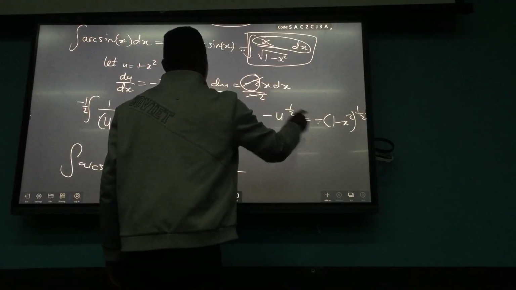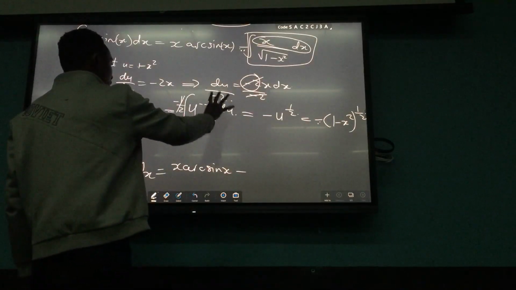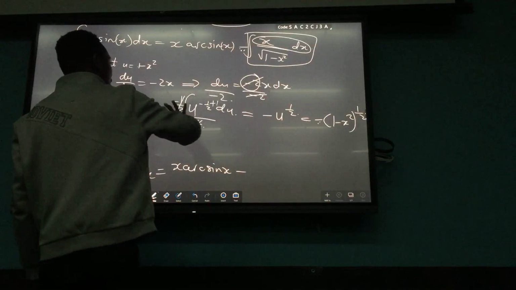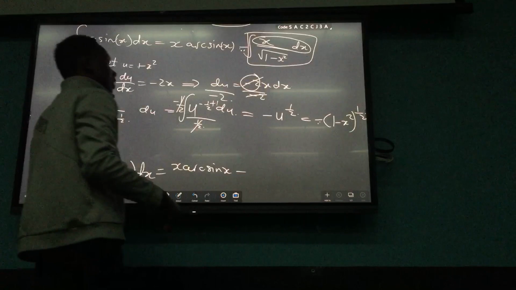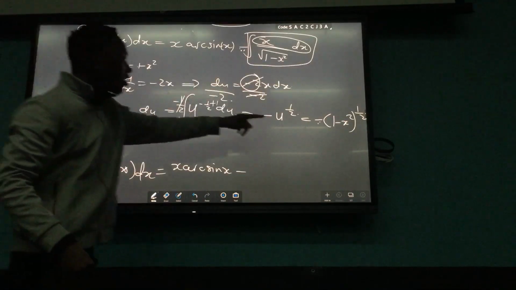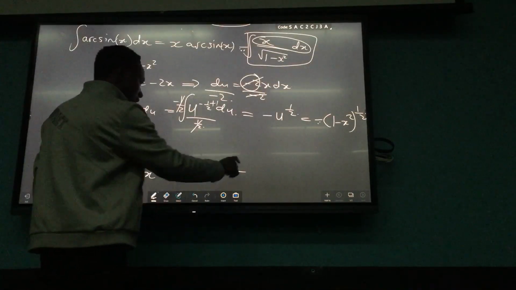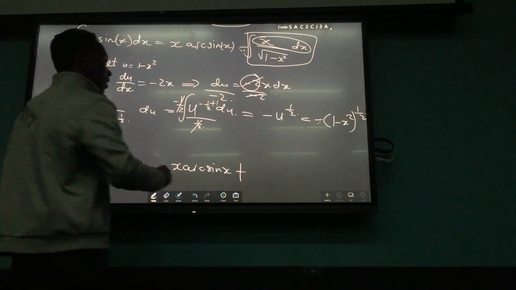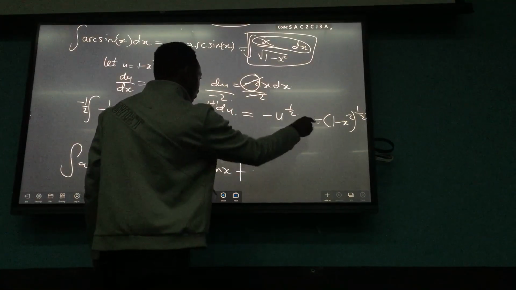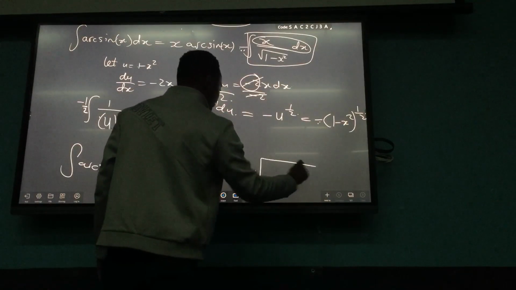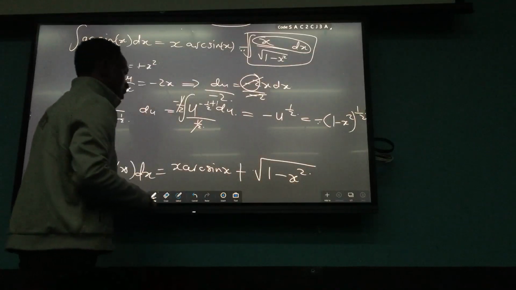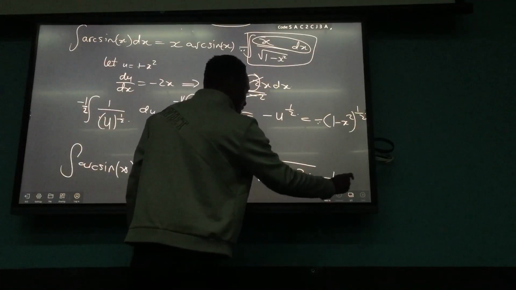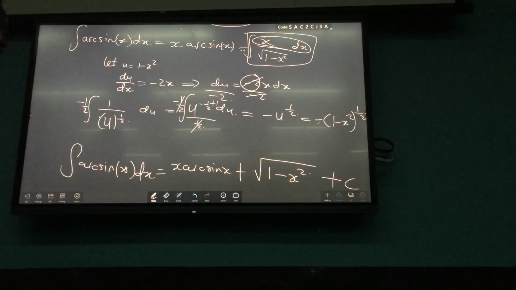This negative sign belongs to this result, for this integral. It's not for the formula. So if we multiply that negative and that negative, we end up getting a positive sign. And then we can write our 1 minus x squared to the power half, which we can write as 1 minus x squared under the square root sign. Then we say plus our constant of integration c, because we do not have limits of integration. So that's our final answer.